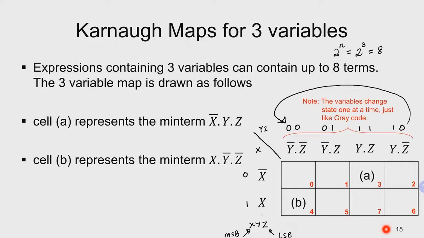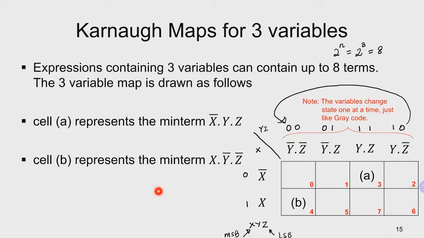Let's go 0, 1, and then skip to 3, and then 2. And then carry on from the second row: 4, 5, and then 7, skip, and then come back to 6. Okay, so this is the 3-variable K-map.